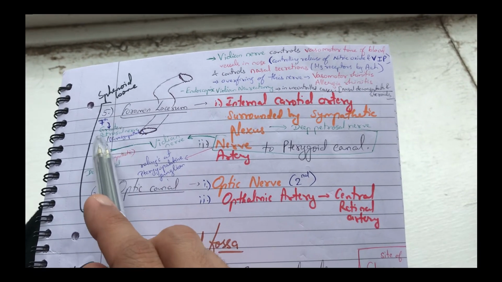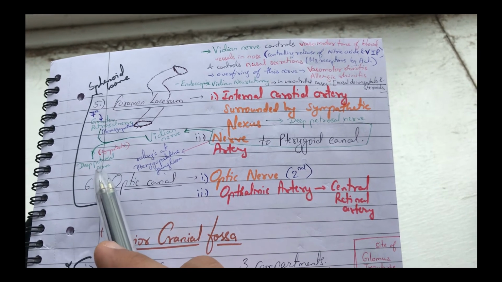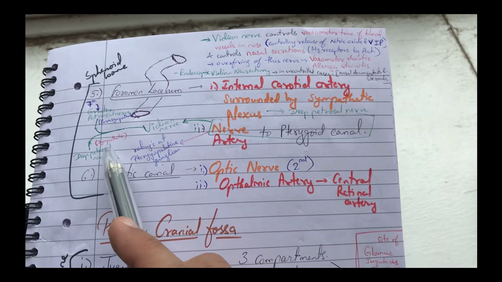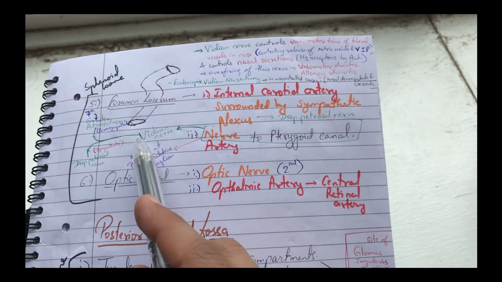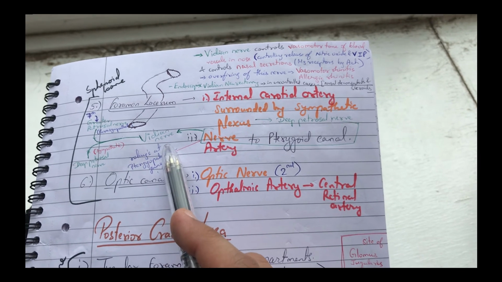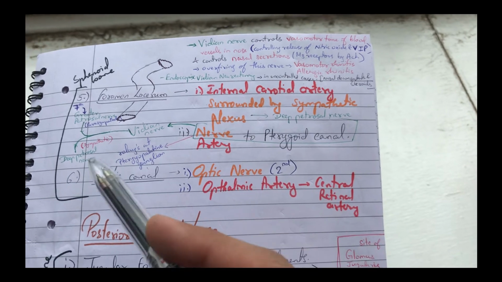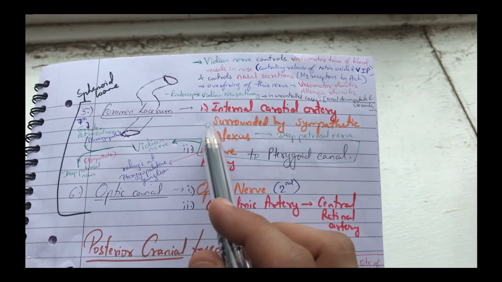Now this greater petrosal nerve is a parasympathetic branch, whereas this deep petrosal nerve arising from the sympathetic plexus is a sympathetic branch. So basically the vidian nerve possesses parasympathetic and sympathetic fibers. The majority is parasympathetic and less is sympathetic.